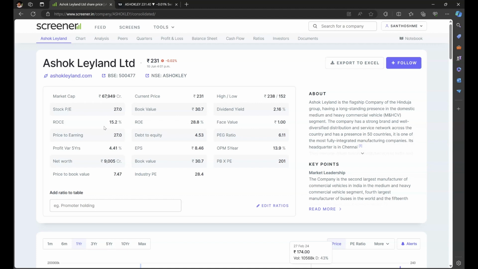Both look like good numbers. And then I will look at the debt to equity. The debt to equity is on the higher side, which is one of the concerns. So mainly I look at these two things, the ROE, ROCE, and the debt to equity.